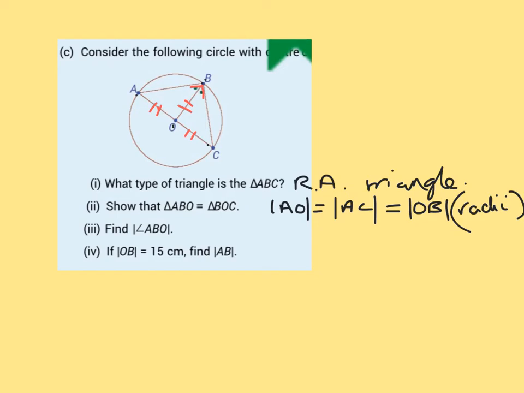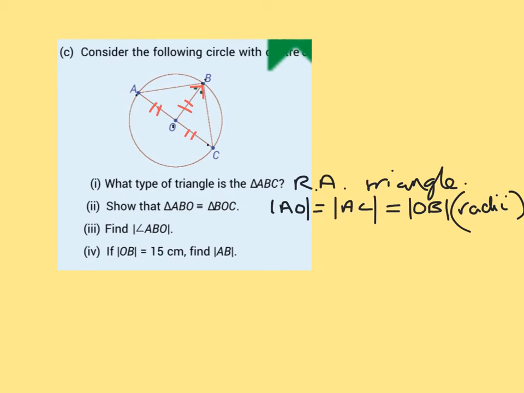Now, on this, I would say side, angle, side would be perfect here. We could also use the two dots that tell us that's a 90-degree angle, and then that's obviously a perpendicular line. But I'm going to use side, angle, side.